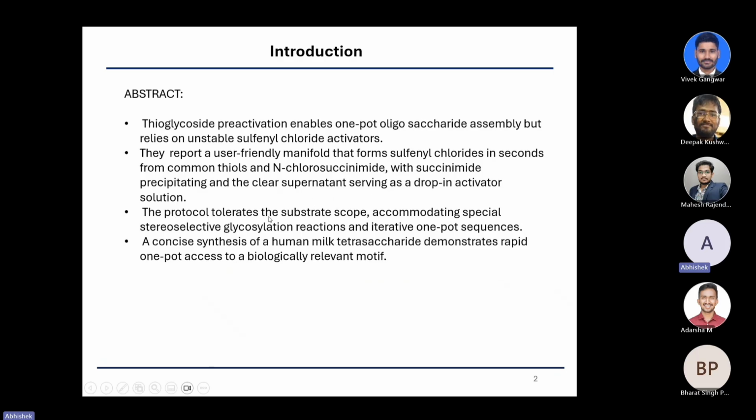The protocol tolerates a broad substrate scope, accommodating stereoselective glycosylation reactions and iterative one-pot sequences. The paper also focuses on the concise synthesis of a human milk tetrasaccharide, demonstrating rapid one-pot access to a biologically relevant motif.